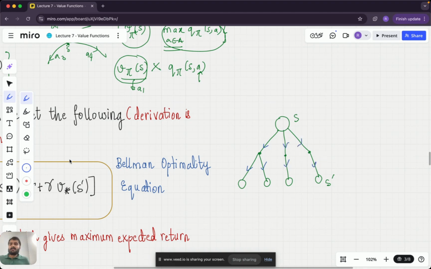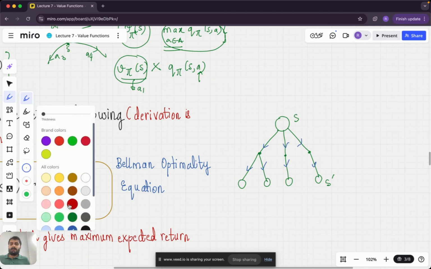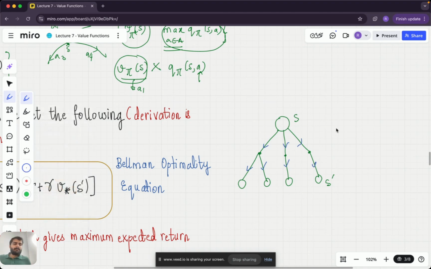For all of these paths, you calculate this value, which is the expected reward that you get along this path, plus the discounted value of the next state, v pi of s dash.